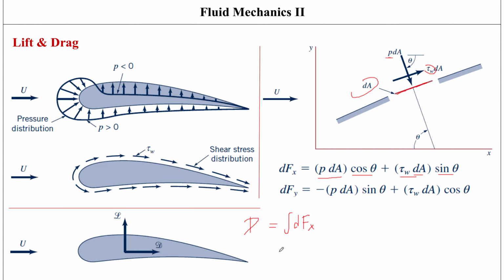And if I was to expand this further, then I would have to apply the integral onto p cos theta dA, integral over it, plus tau W sine theta dA, and integral along that too.